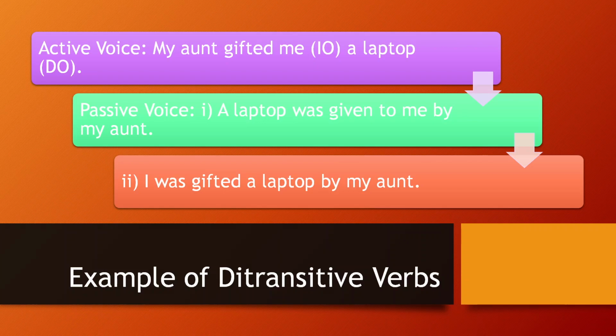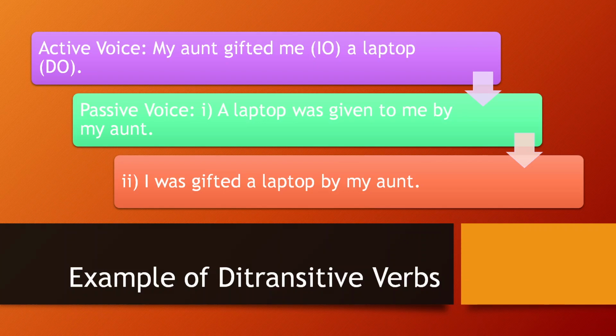As the ditransitive verbs have two objects, direct object and indirect object, when such a verb is put into the passive voice, either of the objects can become the subject. That is why sentences with ditransitive verbs can have two passive forms.